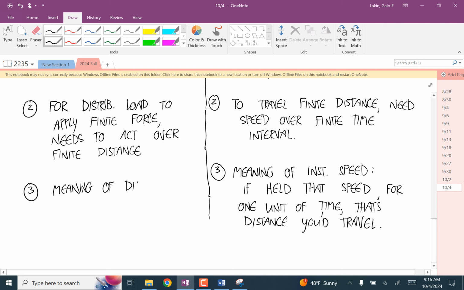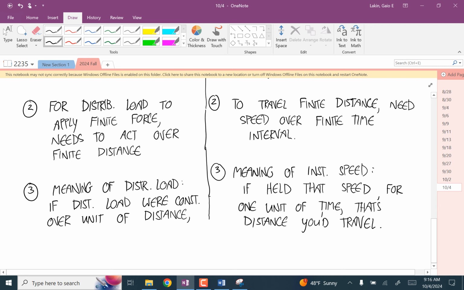So the meaning of a distributed load is if the distributed load were constant over 1 unit of distance, that's the total force that would be applied.